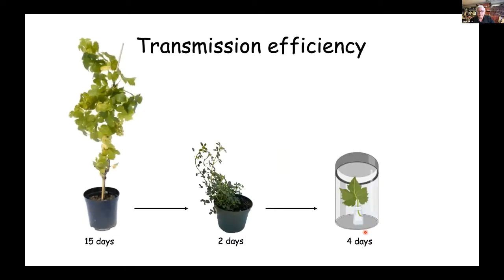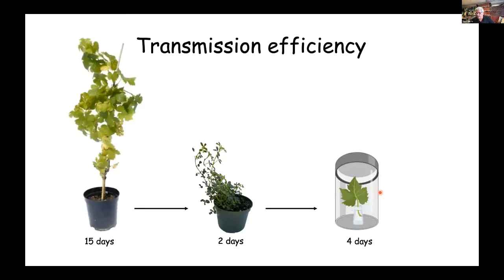So let's talk a little bit more about transmission efficacy. We established these transmission assays where we exposed these 3-cornered alfalfa insects for at least 2 weeks on infected vines, moved them for at least 2 days on alfalfa, and then we used excised grape leaves as recipients.